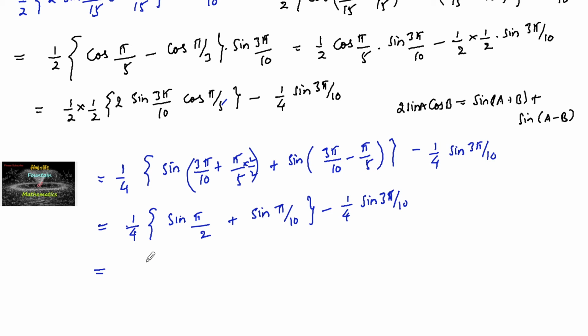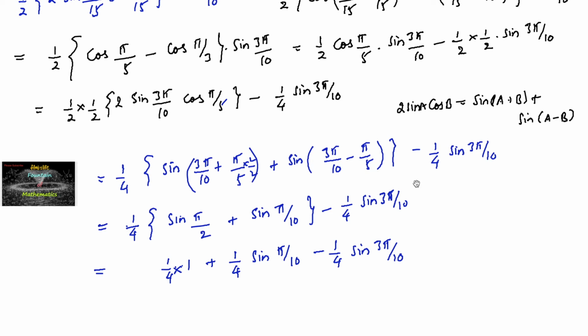So which equals 1 by 4 into sin pi by 2, which is 1, plus 1 by 4 into sin pi by 10, minus 1 by 4 sin 3 pi by 10.